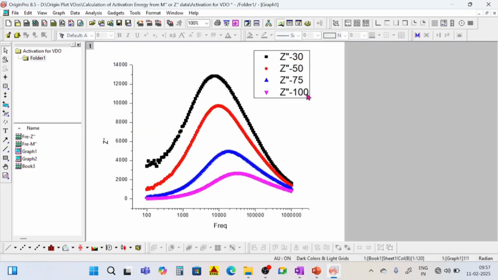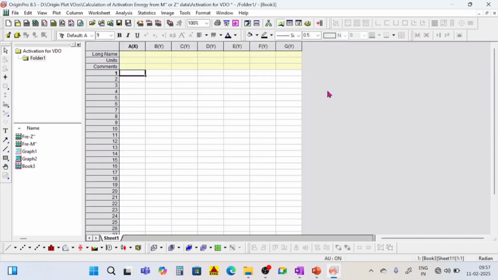The temperatures are 30, 50, 75, and 100, right?